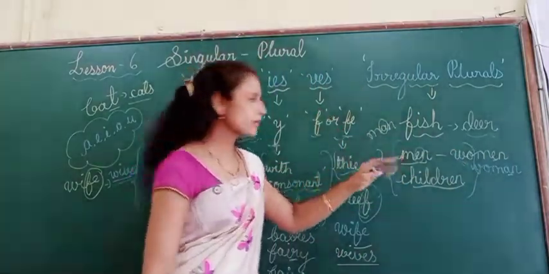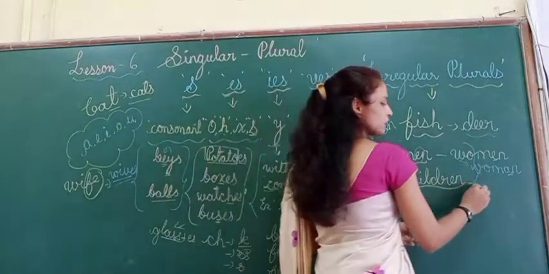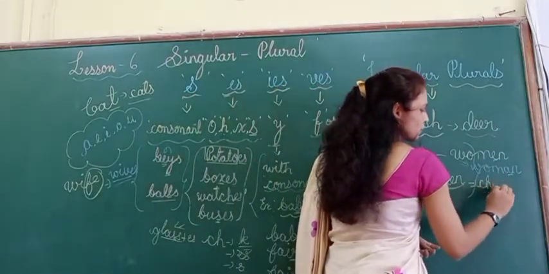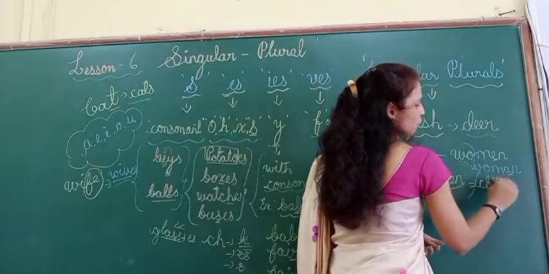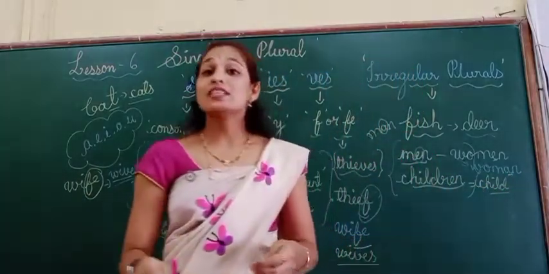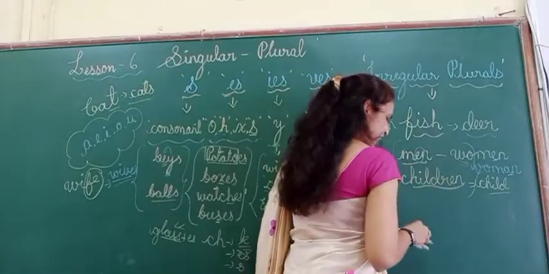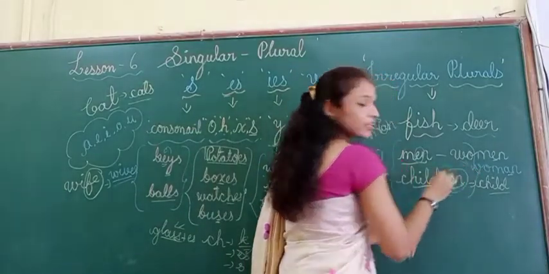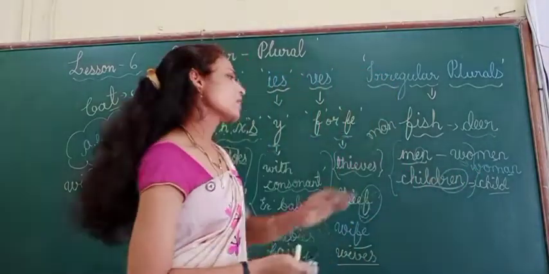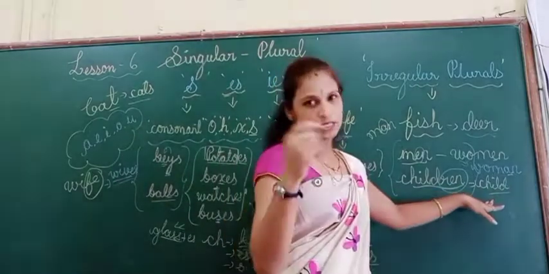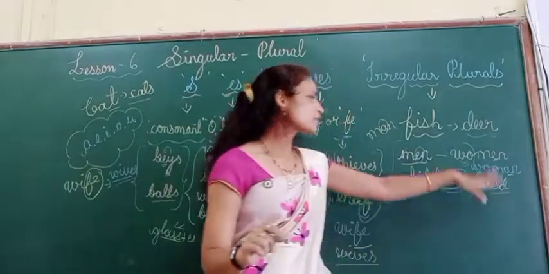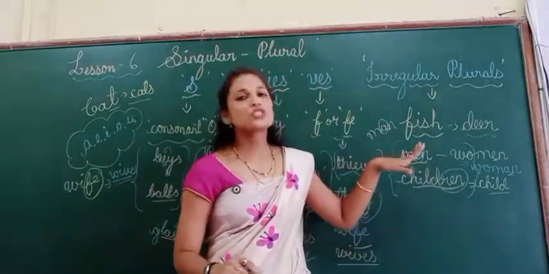Yes, like that. What is the singular of children? It's child. Many used to say, what's the plural of child? Childs, they will say. It's not correct. You have to add R-E-N and it will become plural. Child's plural form is children.